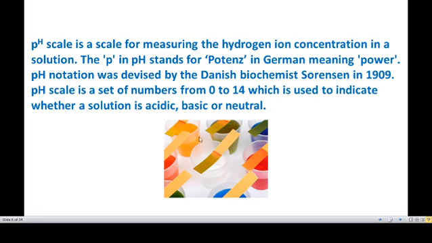After a drop of the liquid is put on the paper, the color indication corresponds to a number from 0 to 14. Based on this, it is classified as acidic or basic. This is a pH paper, pH indication.